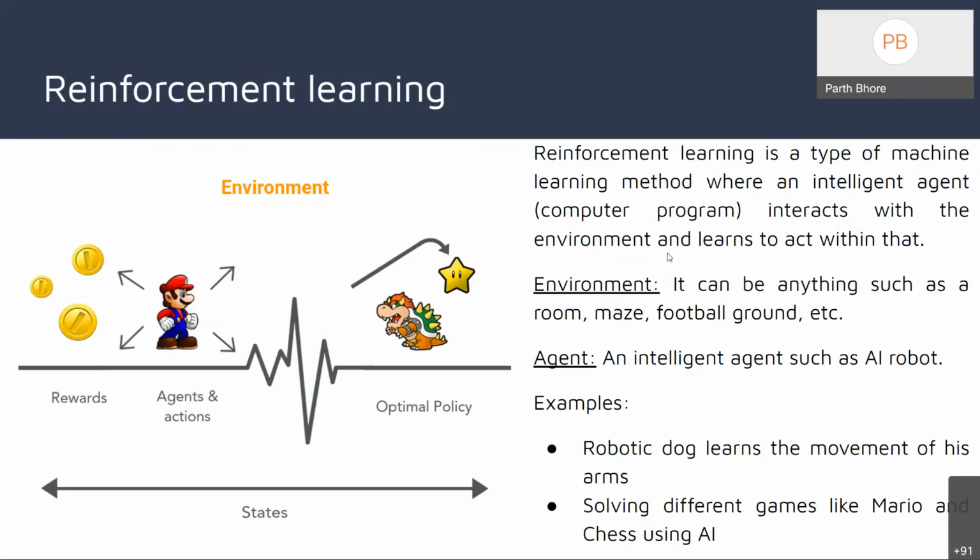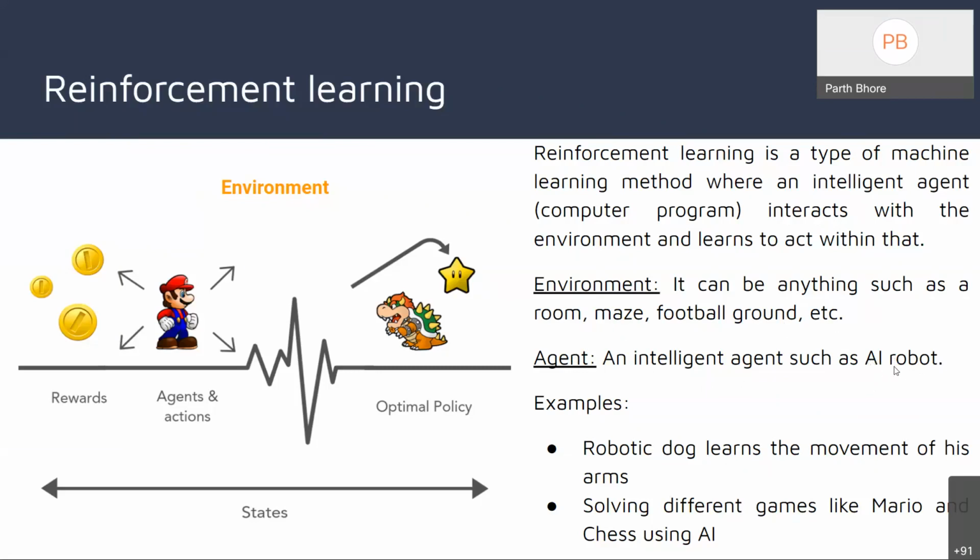So here there is an intelligent agent and there is an environment. First, what is an agent and what is an environment? Here you can see examples of agent and environment. For example, an intelligent agent may be an AI robot that we want to train. That robot is our intelligent agent. And what is an environment?